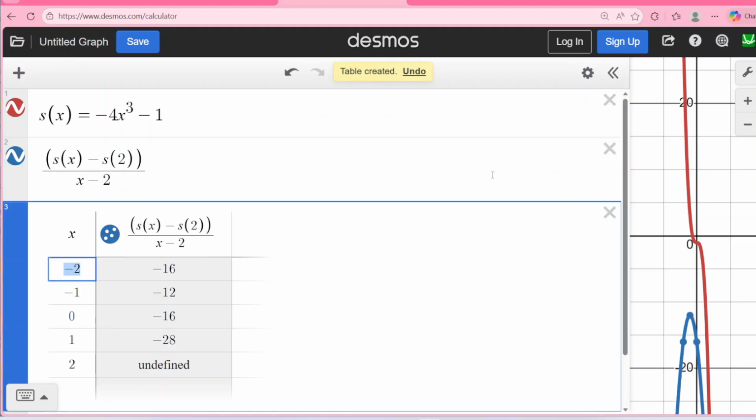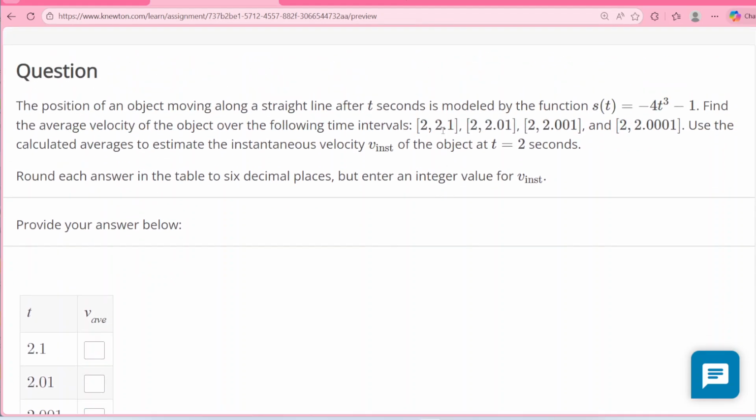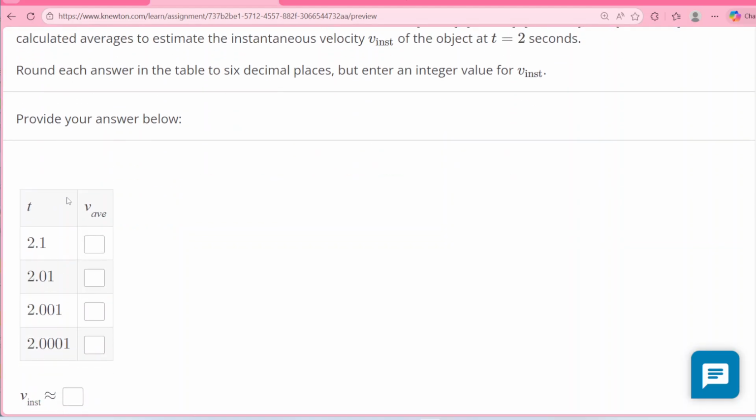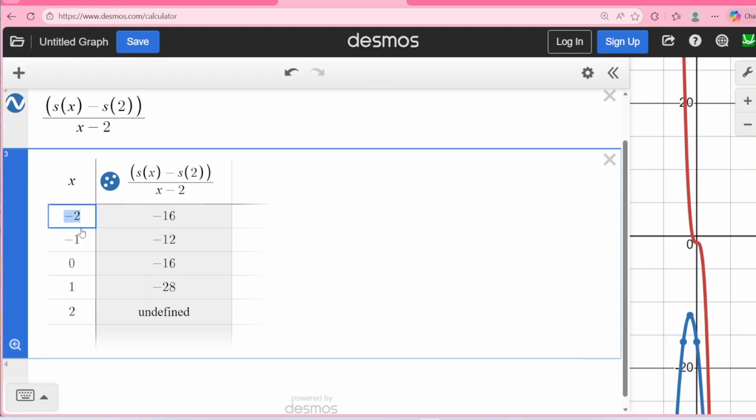So let's make a table here, and I'm going to put in what they had. They're saying we're going from 2 to 2.1 seconds. What's the average velocity? And then 2 to 2.01 seconds. All I have to do is plug in these values, 2.1, 2.01, the values of t from the table. This expression is the average velocity from time 2 to whatever other time I want, which I'm calling x here.